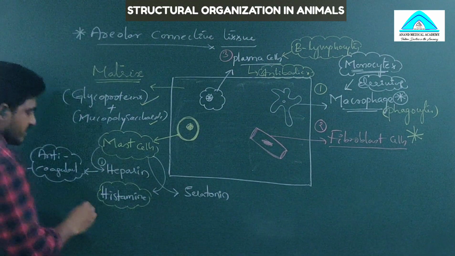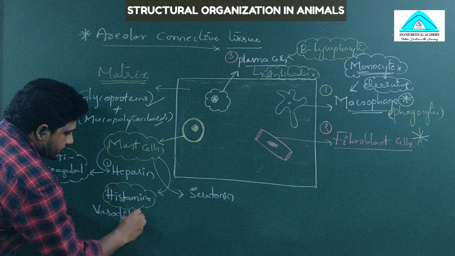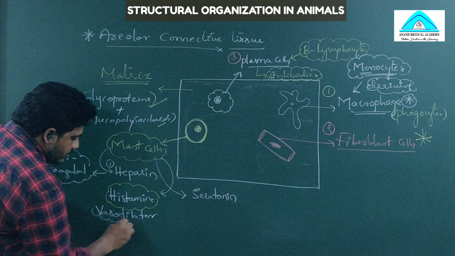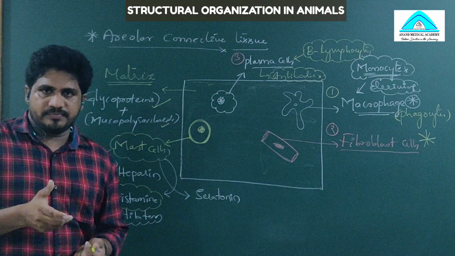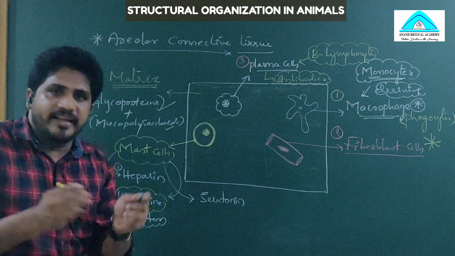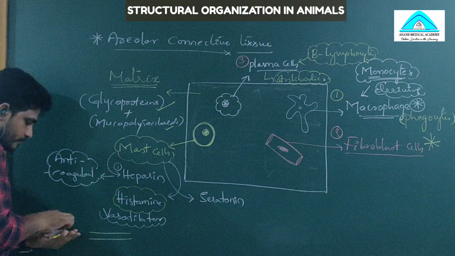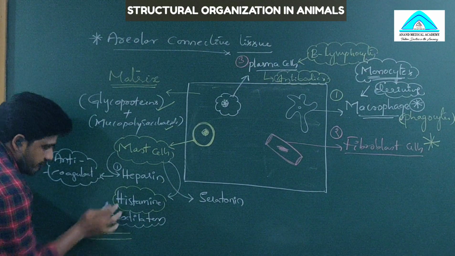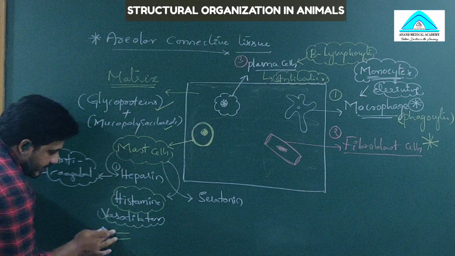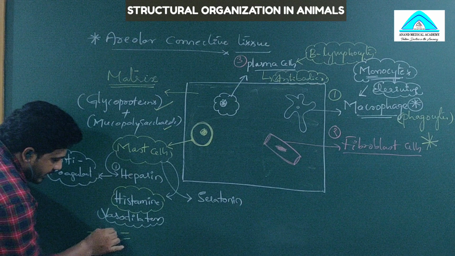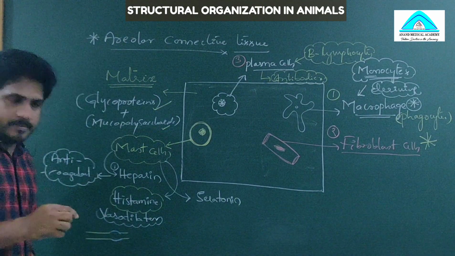It acts as a vasodilator. Vaso means what? Blood vessel. Dilation means what? Expanding. Suppose it is a blood vessel, when this histamine is released into the blood by mast cells, it helps to dilate the lumen of the blood vessel.